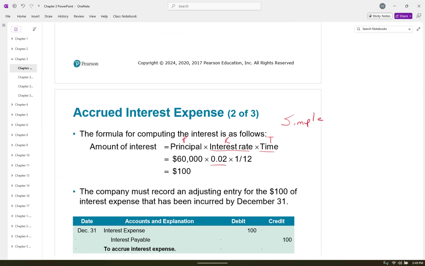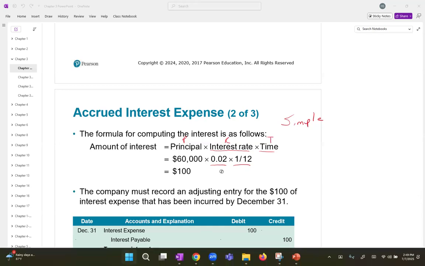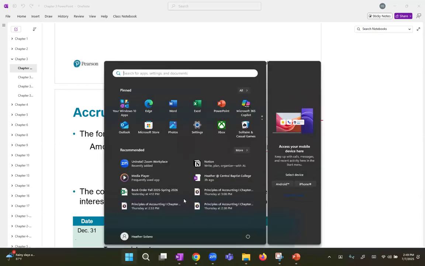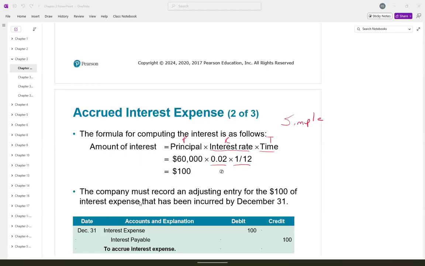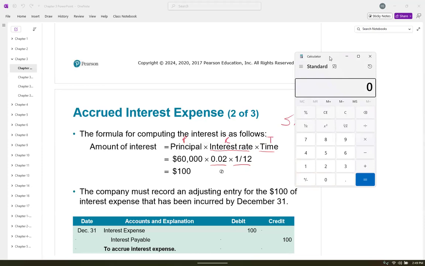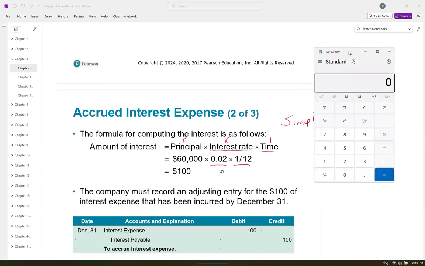We're only going to accrue 1 month's worth of interest, so we have to have this fraction, 1 divided by 12. You'll have some other things like this that will require a calculation. I'm going to pull my calculator up and show you. I know you know how to do math, but I'm showing you how you can put some of these in to have less rounding errors.